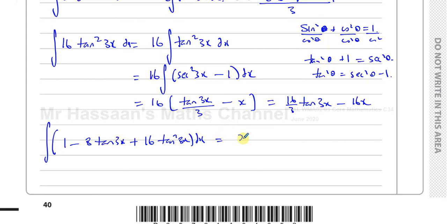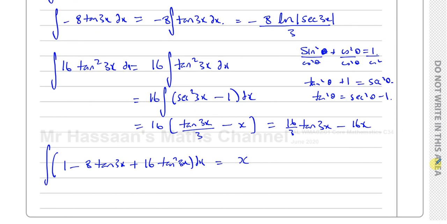So you're going to have x. Then the integral of minus 8 tan 3x was minus 8 over 3 ln of the modulus of the secant of 3x. And then the integral of 16 tan squared 3x gave us plus 16 over 3 tan of 3x minus 16x.